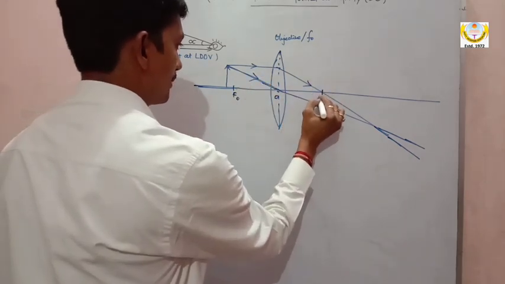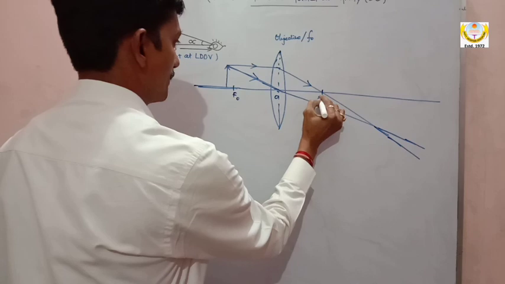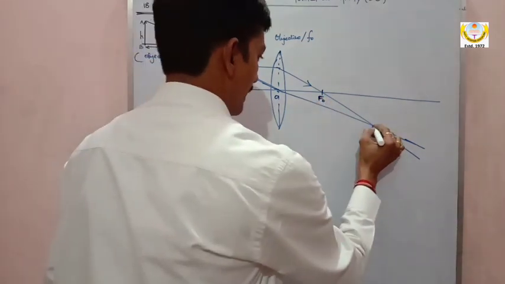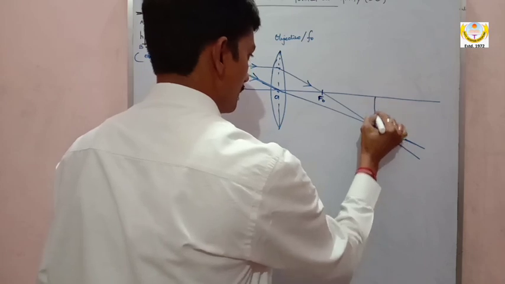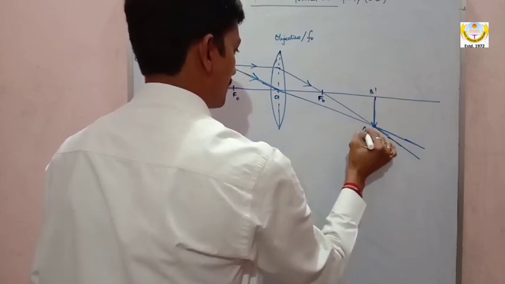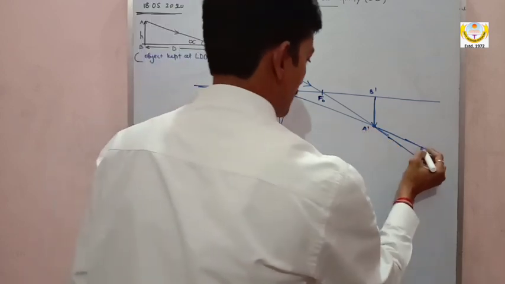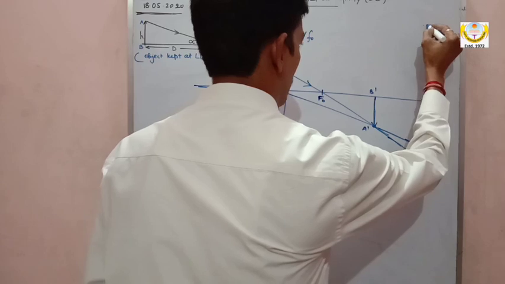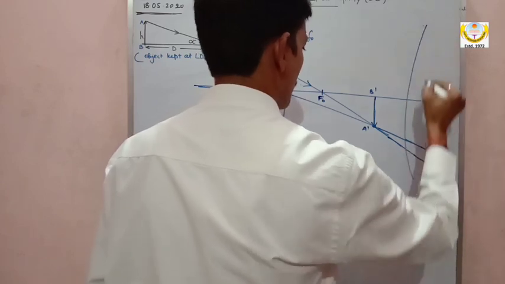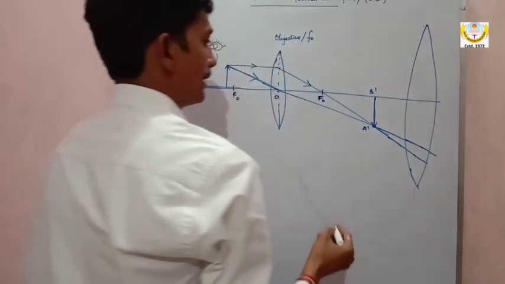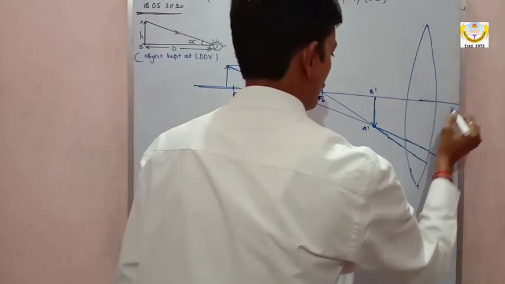Here it is FO. Here is the image. You all know now, this is B dash, A dash. And let us draw here the eyepiece. This is the eyepiece drawn, bachcho.